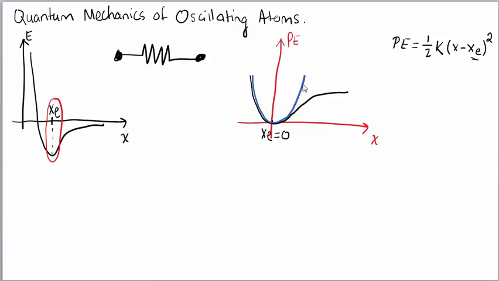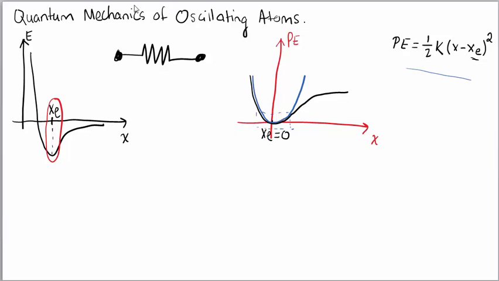looks like this. So you can see that right around the origin here, in this area of particular interest, the two approximations, the Lennard-Jones potential and this equation for potential energy, match quite well. So it's a good approximation to use for our purposes here.